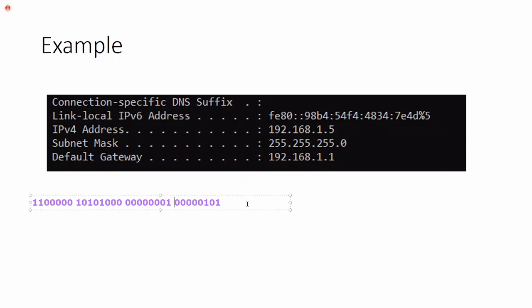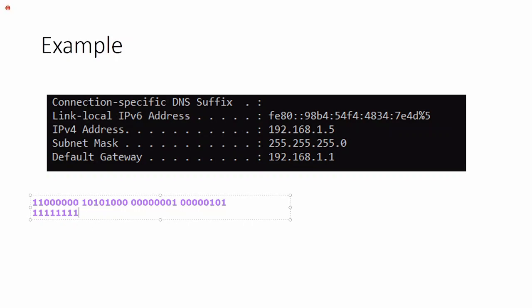And then we'll write the subnet mask. What is the subnet mask? 255 means everything is 1, 11111111, eight ones.